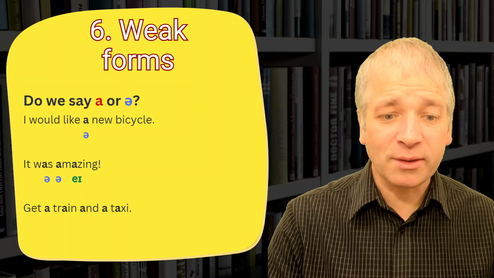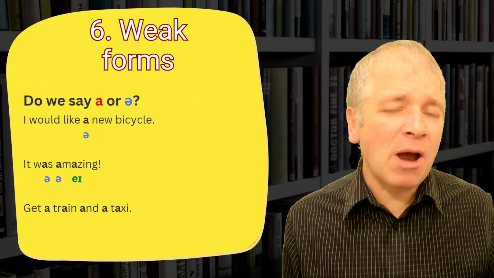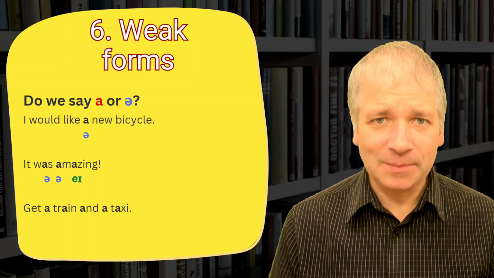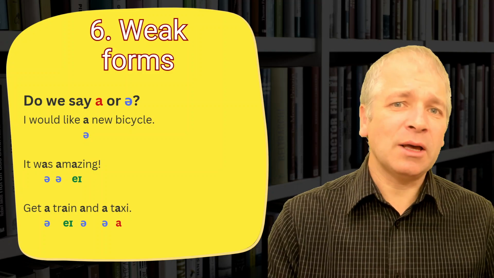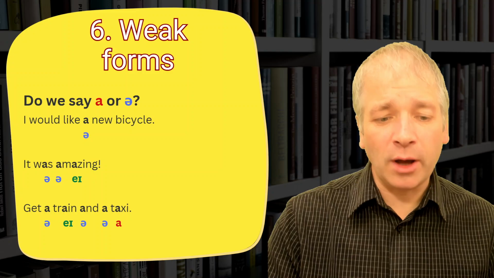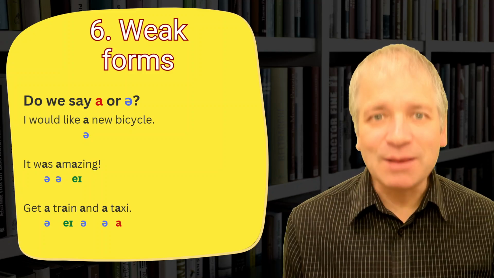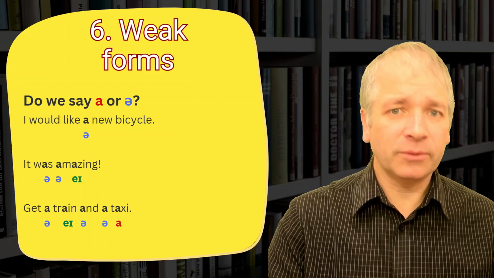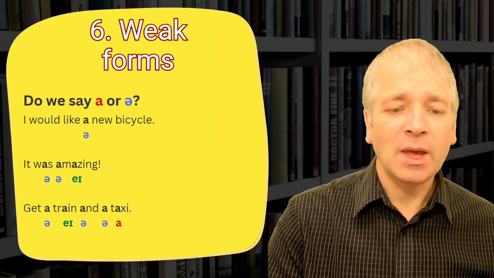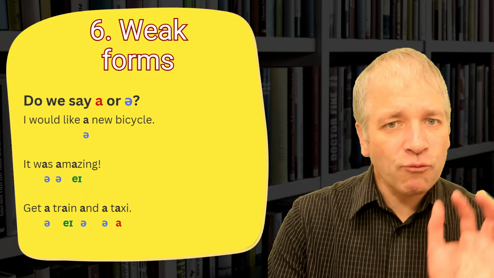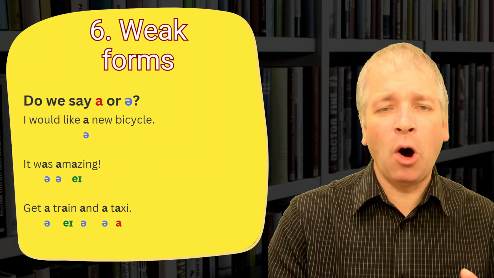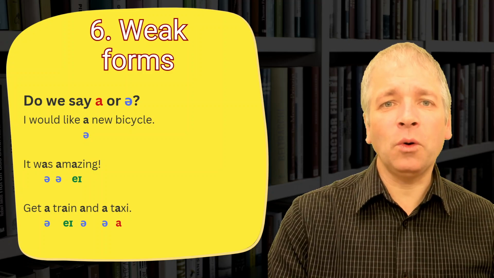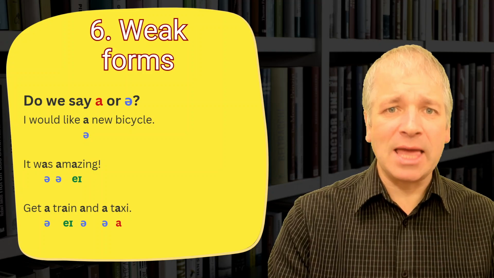We had 2 schwas, and then we had A, which is represented in the phonemic alphabet as an E followed by a capital I. Then in the final set of words, we had the schwa for a, then train had this A sound, then we had schwa for and, and then taxi had a. So the red A is actually representative of a number of sounds, all for the letter represented by A in spelling.